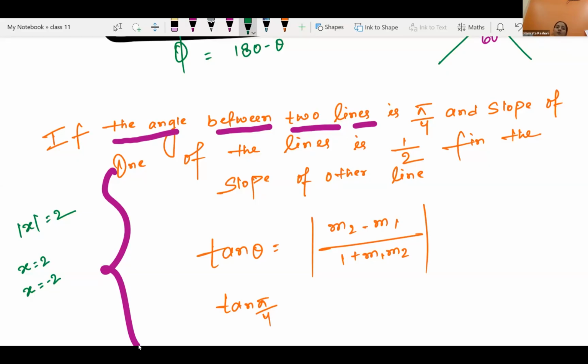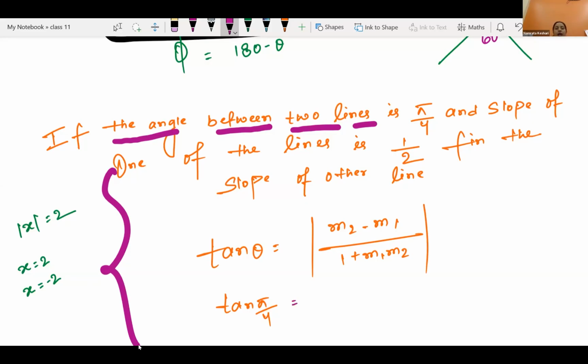Maybe there was minus 2 or maybe there was just 2. Yes or no? These two possible cases can exist. Inside the mod there is a term, we don't know what that term is, but we know the final answer is positive 2. That means inside the mod minus 2 was there or maybe just 2 was there. Yes or no? Yes, ma'am. Clear?